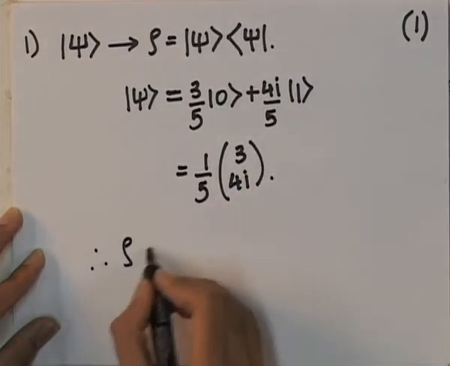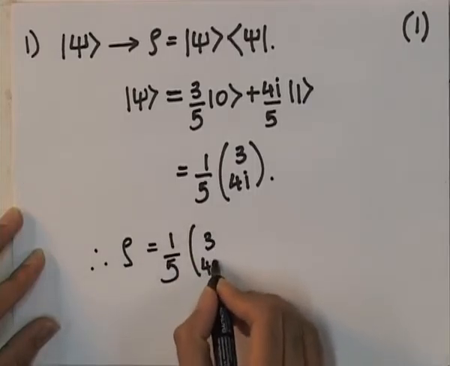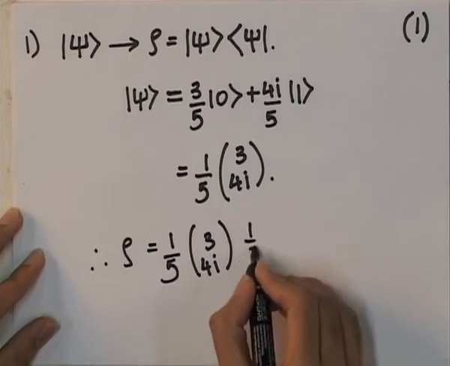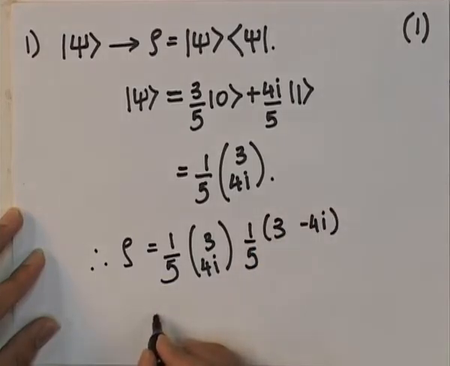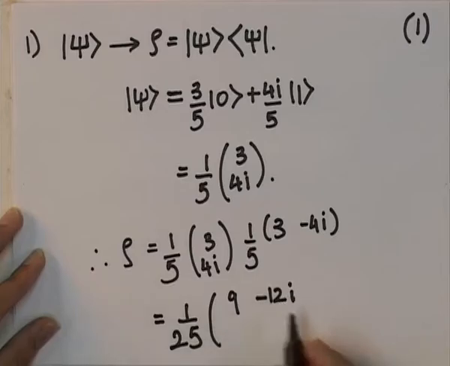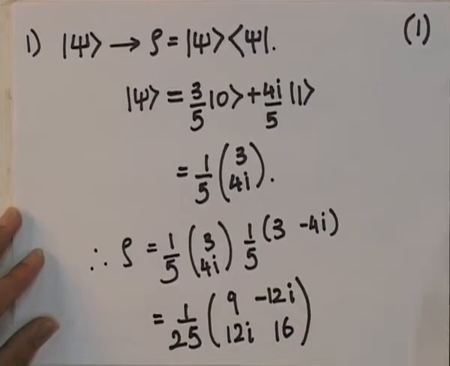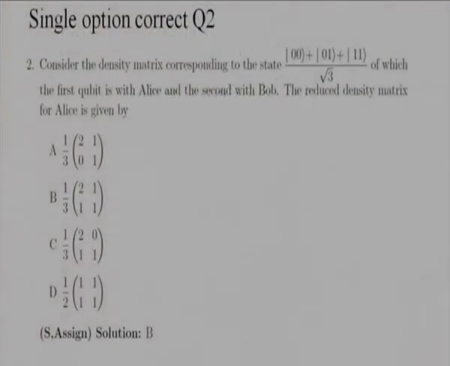So the density matrix will be given by this quantity. So the correct answer is option B. Now let us check the next question.